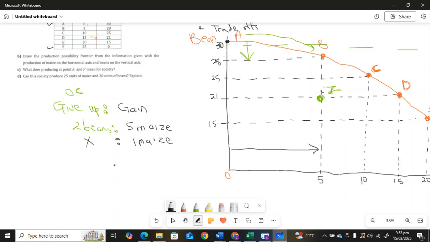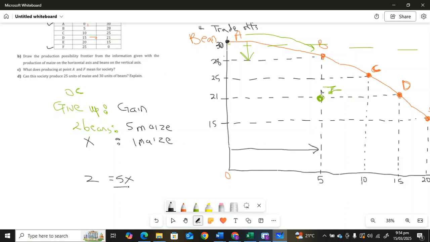Let's find the x here. 1 times 2, 2. 5 times x, 5x.